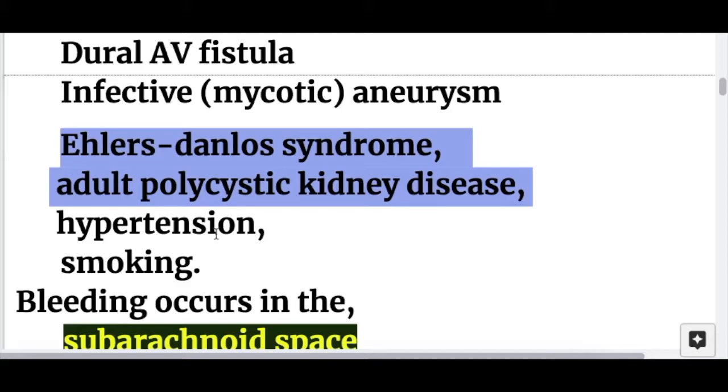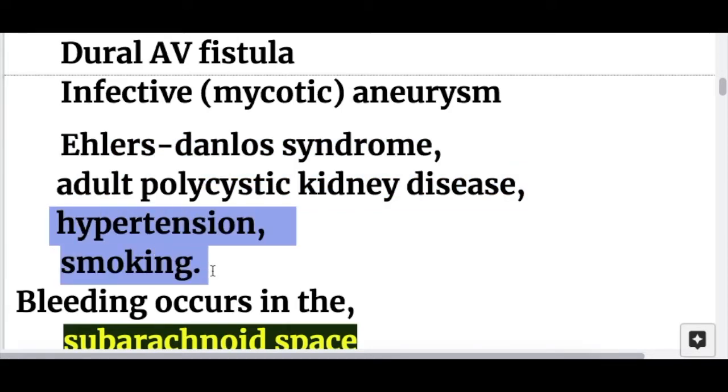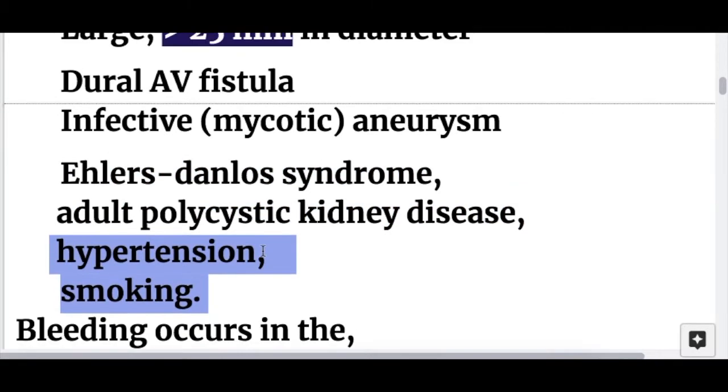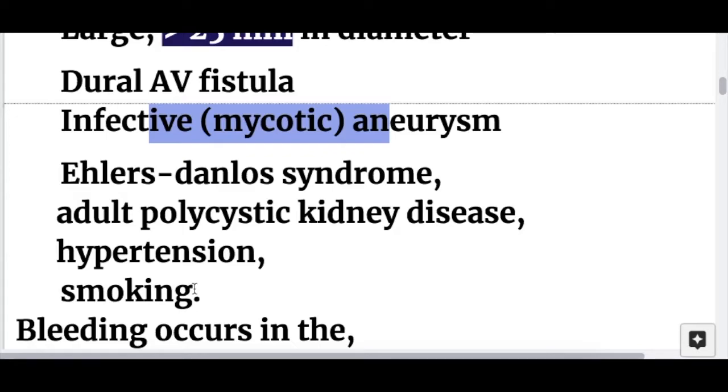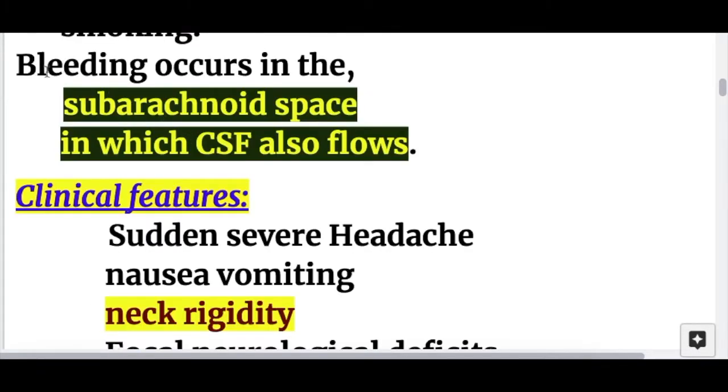Hypertension and smoking may also lead to it. In this condition, bleeding occurs in the subarachnoid space in which CSF also flows.